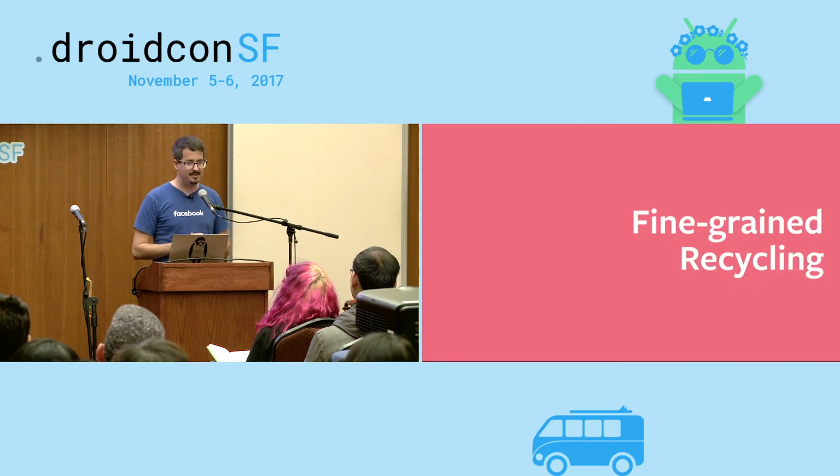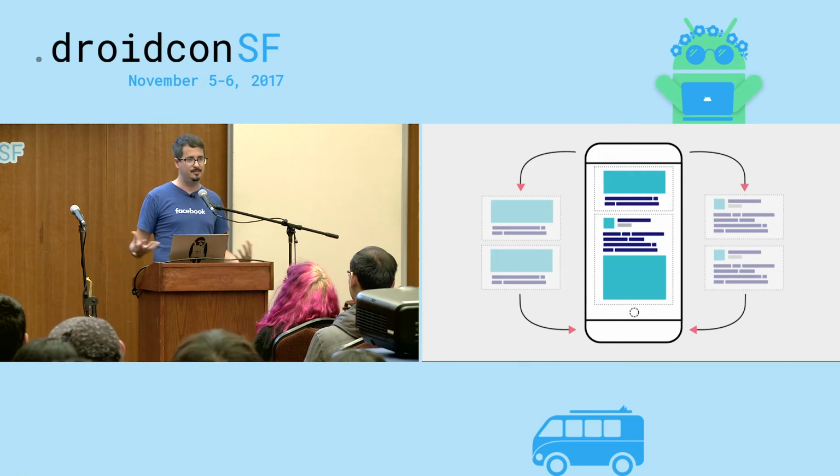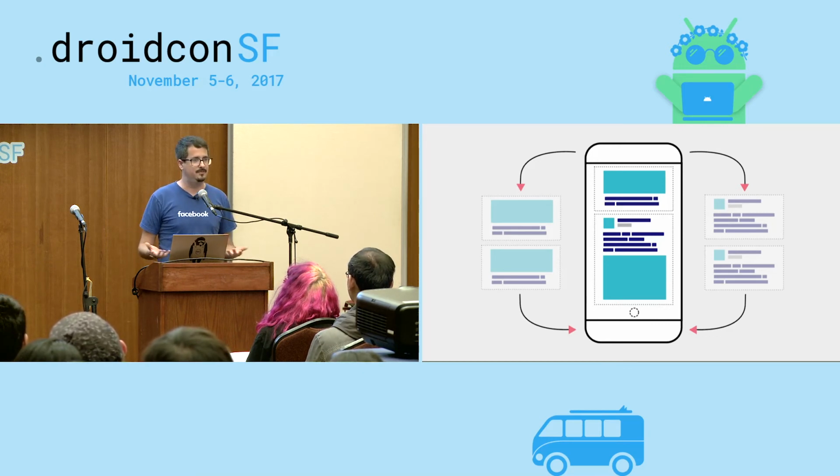The next one is fine-grained recycling, and this is one of my favorite features of Litho. Going back to the view types approach, you have buckets for each type of top-level item you have in your list, right? And this is fine for a couple of view types, but as you grow the number of view types in your list, you have a very redundant recycling model because there is a bunch of stuff that could be shared across all these elements.